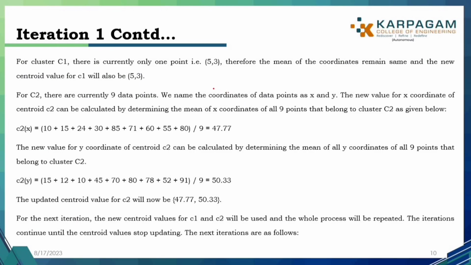For cluster 1, there is no need of average because it is only 1 point, so there is no updation in C1. But for C2 there are 9 data points, so we have to calculate the x coordinate separately and the y coordinate separately.